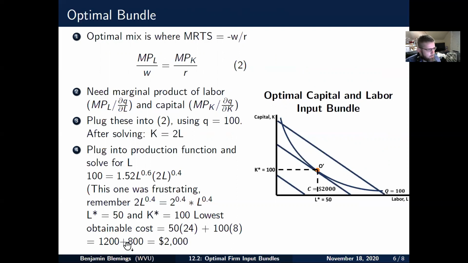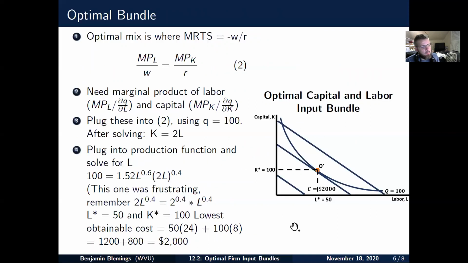And we get the lowest isocost curve obtainable is spending $2,000 to make 100 units in this particular example with these costs and production function. And so here's a picture of what that would look like. And as you can see, it's tangent right here to our isocost curve.